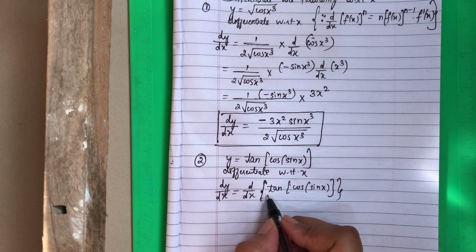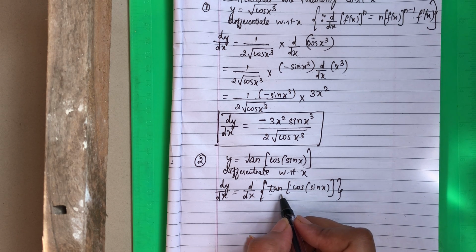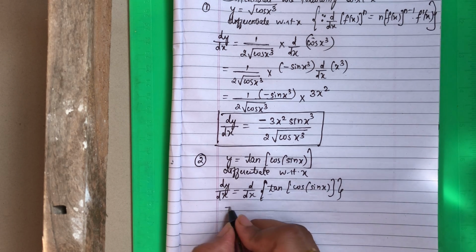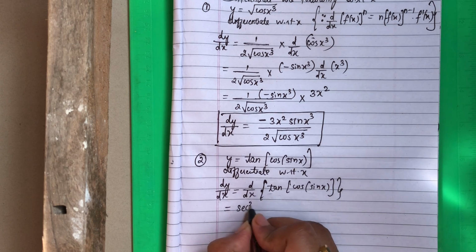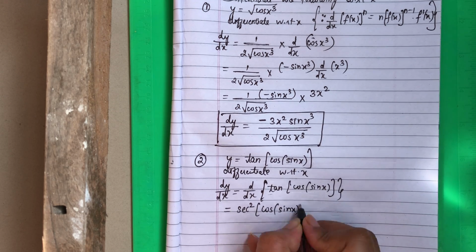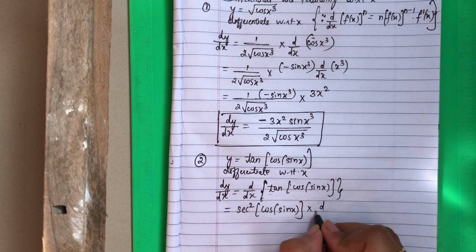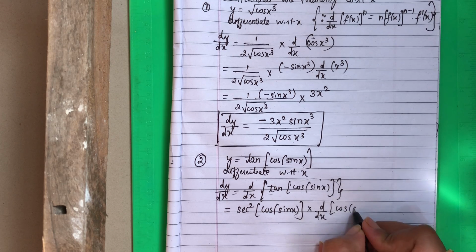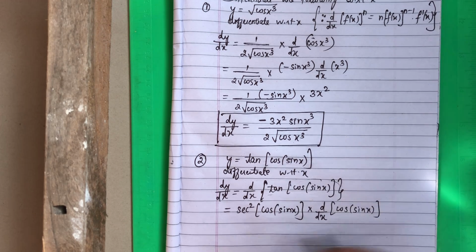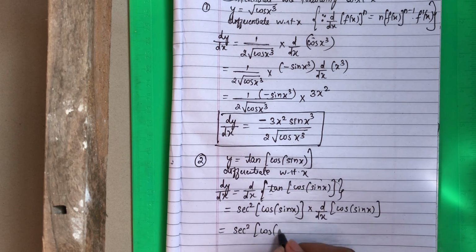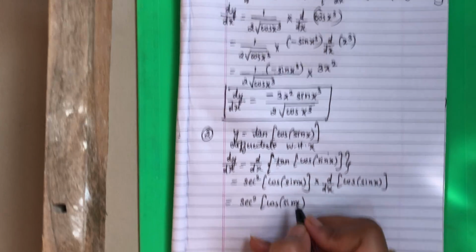So first of all you need to differentiate this tan. The differentiation of tan is sec square and this is your function. So this gives you sec square cos sine x into d by dx of cos sine x. This is same sec square cos sine x.